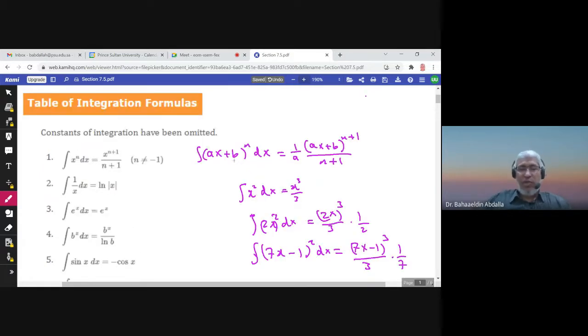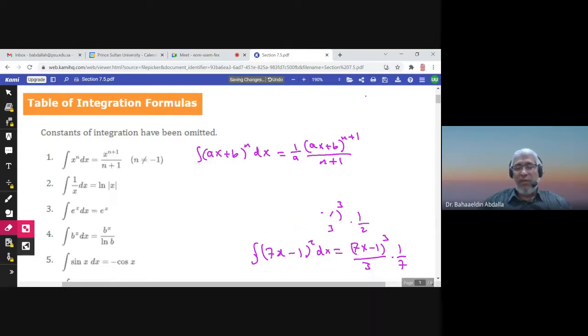So this is what I mean by integral ax plus b to the power n. In all of these formulas, you can replace x by ax plus b, and you apply the same formula, but do not forget to divide by a, okay?